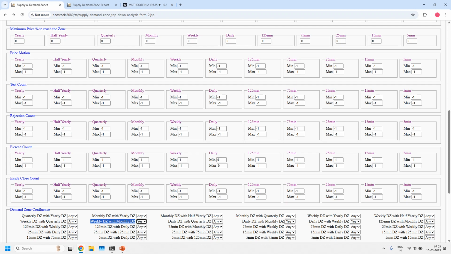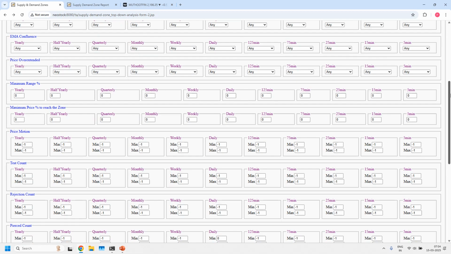See, we selected 3 filters. The meaning is daily is overlapped with weekly, and both together again overlap with monthly. So that's why we set 3 filters.